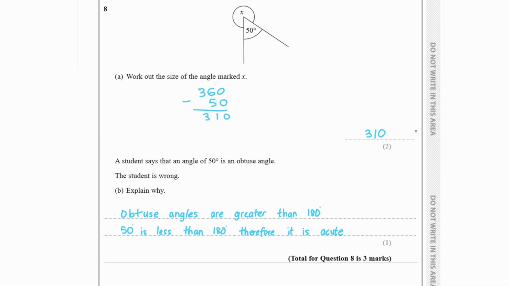So for part A, we would first get a mark for knowing that angles around a point add up to 360, and the second mark for getting a correct answer of 310 degrees. And for part B, we would get 1 mark for a correct explanation of why the student was wrong.